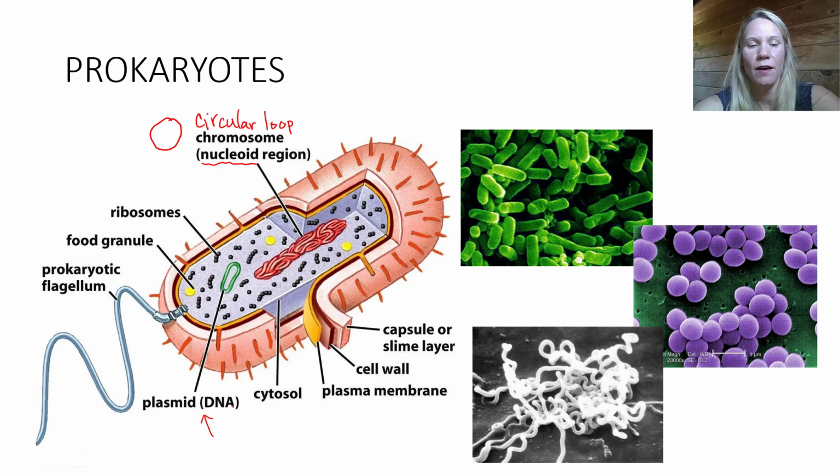Plasmids are also circular loops, and that does look very clearly circular here in this structure in green. It is very common for bacteria to have extrachromosomal DNA. So besides their main chromosome with the main instructions for building their proteins, they have these additional loops of DNA we call plasmids. They're just smaller, and they encode fewer genes.